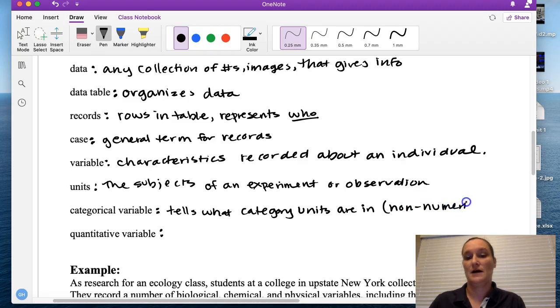Now, this does not mean that you can't have a categorical variable that collects numbers. For example, numbers on basketball or football uniforms don't really mean anything. Sometimes they mean what size the uniform is, kind of, but not always.